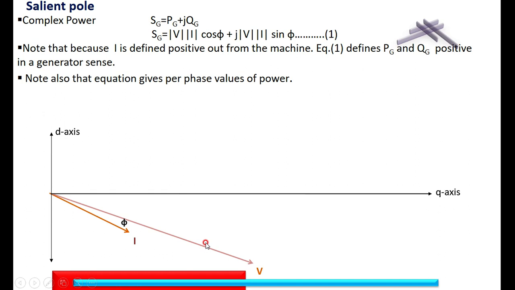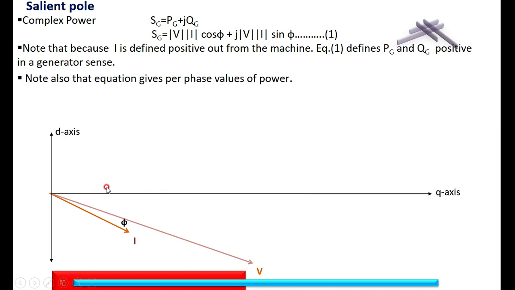Now, to get the value of the generated voltage in the case of non-salient pole machines, what you used to do is add a resistive drop and the reactance drop to the terminal voltage, which gives the internal generated voltage.